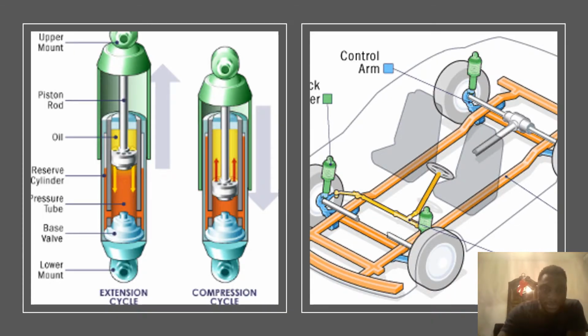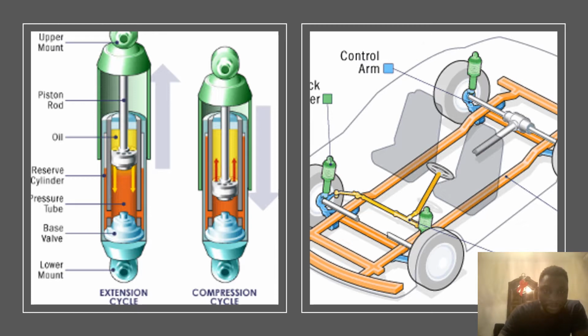In this picture you can see a damping system, and you have the dampers here. As I was saying earlier, the car suspension system is made up of the springs, and you have different kinds of springs, such as the coil spring, and then the next one is dampers.